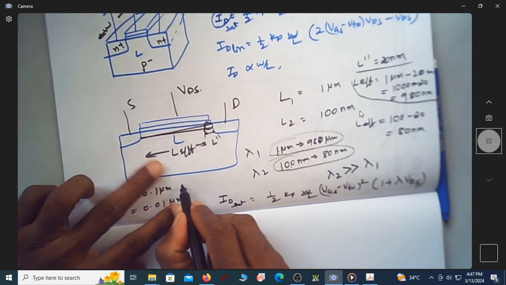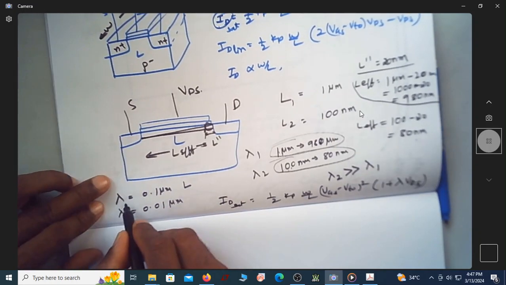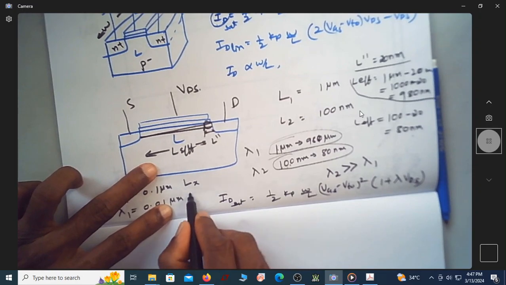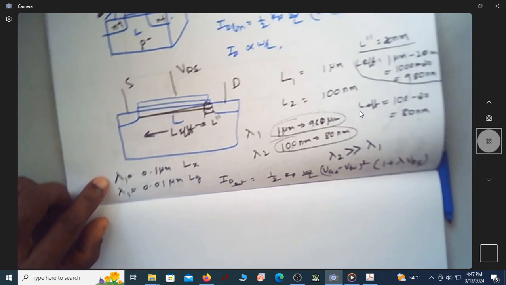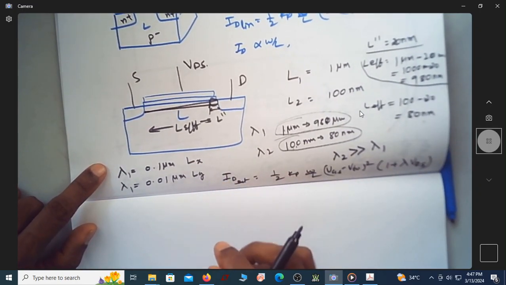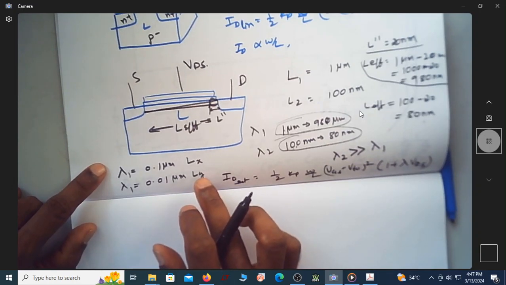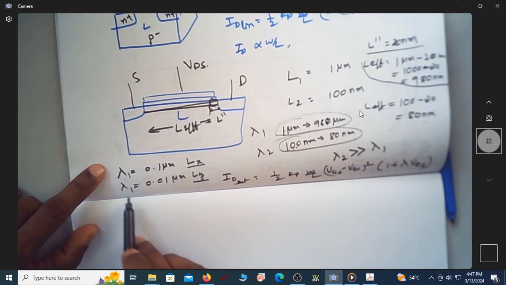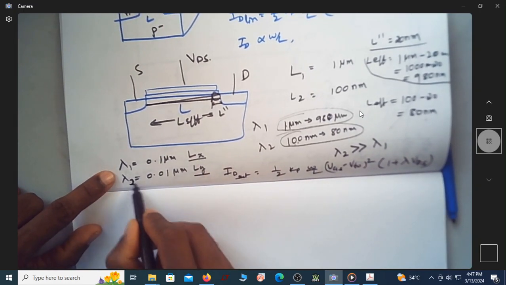Suppose I say this is L1, L2, or Lx, Ly. Can you tell me which length of the transistor will be more, whether Lx is more or Ly is more? Let me write this as lambda 2.